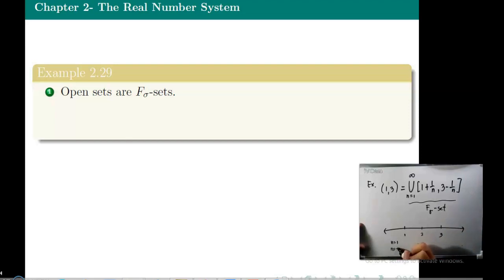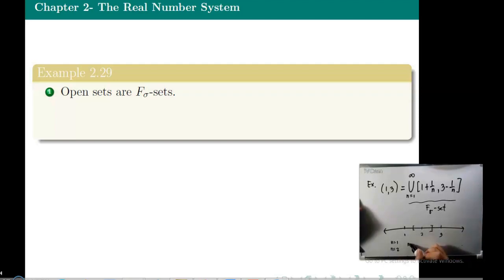When n is 2, we have 1 plus 1/2, which is 1.5, and 3 minus 1/2 is 2.5.